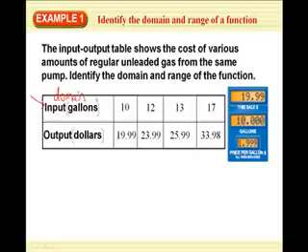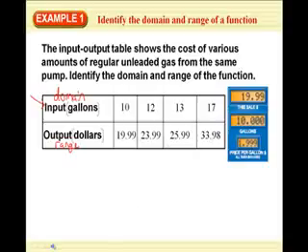Those are the independent variables. This is the range, and those are the dependent. So our price depends on how much gas we put in. We put in 10 gallons of gas, our cost is $19.99. We put in 12 gallons of gas, $23.99, and so on.